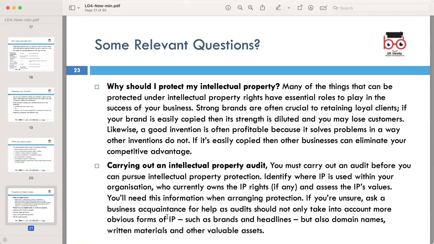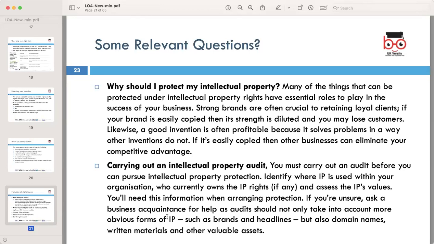Conducting an intellectual property audit is a necessary step before pursuing protection. So this involves identifying where intellectual property is used within the organization, determining current ownership of intellectual property rights, and assessing the values of the IP.